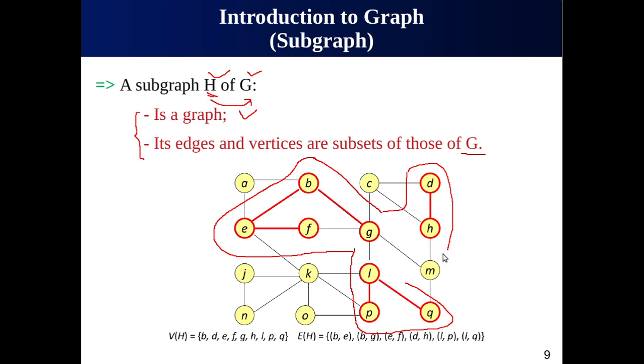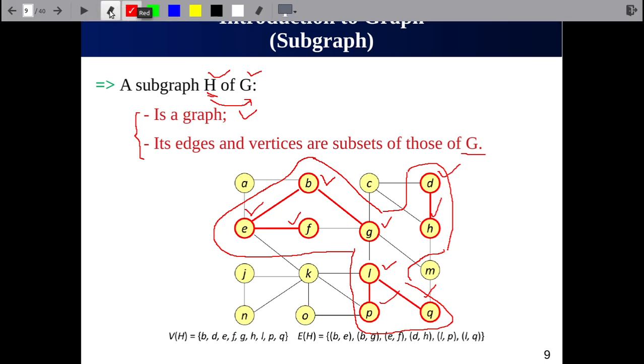This is actually our subgraph, more or less like this, the red lines. What are the vertices of this subgraph? If I talk alphabetically, they are B, then we have D, E, F, G, H, L, P, and Q.